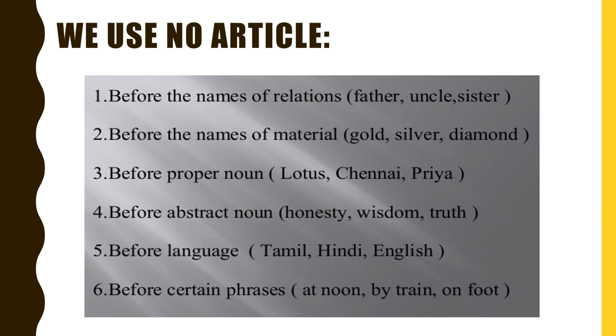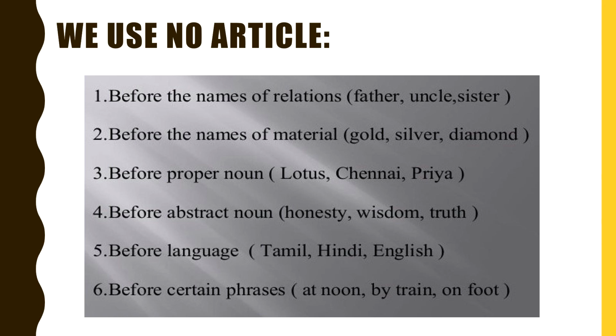Similarly, before the names of material, before any proper noun. But remember, proper nouns which are the names of specific lakes, rivers, mountains, books, we were using article the, but not before any proper noun or any name of a person or maybe a place or a thing.